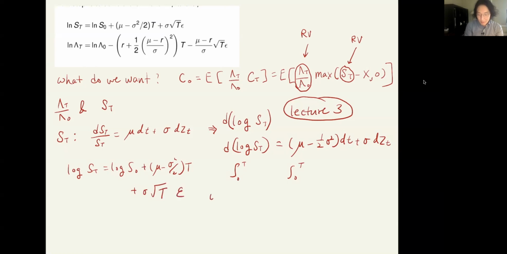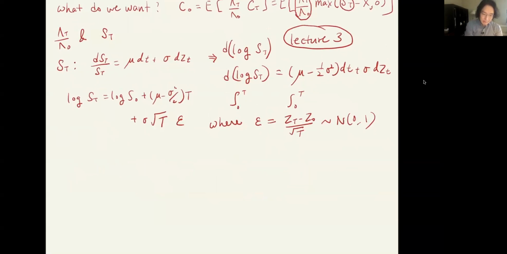Epsilon, where epsilon is basically a normalized Brownian motion, okay, which has mean 0 and variance 1.